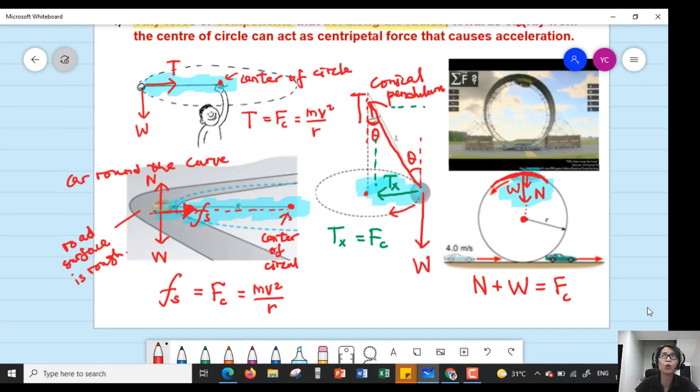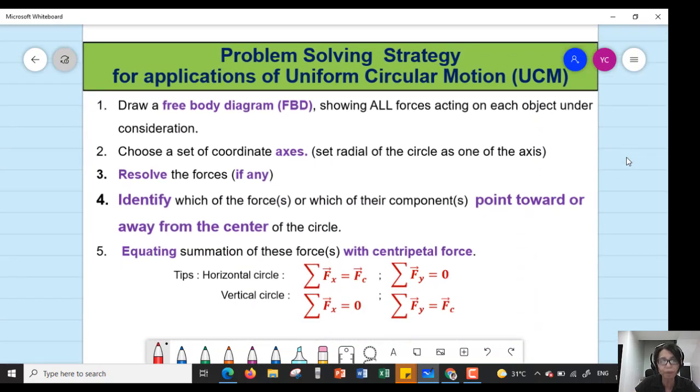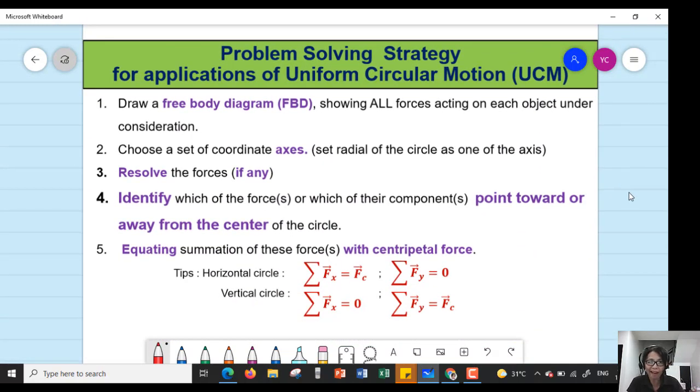So there are too many situations of objects that perform circular motion, class. There are too many situations in daily life whereby an object is doing circular motion. So how are we going to solve the questions? We suggest a problem solving strategy that you can apply to any situation in uniform circular motion, because we need to identify what kind of forces act as our centripetal force in order for the object to perform circular motion.